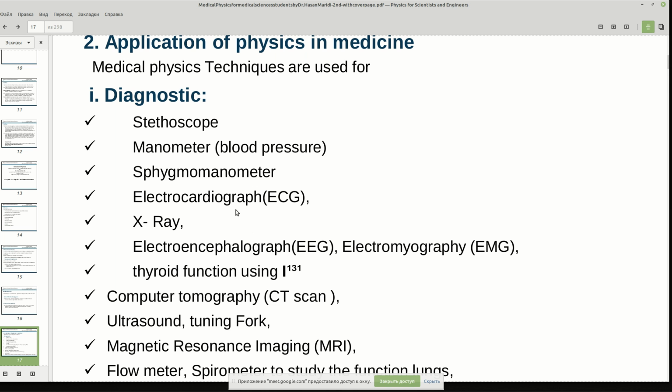X-ray diagnostics, the best and the cheapest diagnostic that we have. Electroencephalograph, EEG, electromyography, EMG.